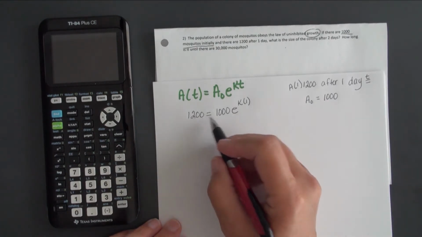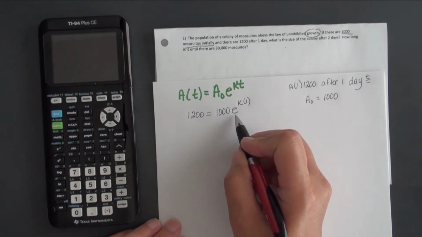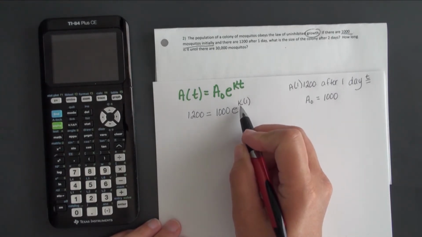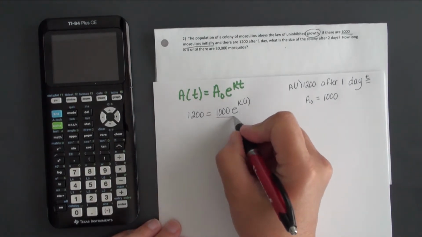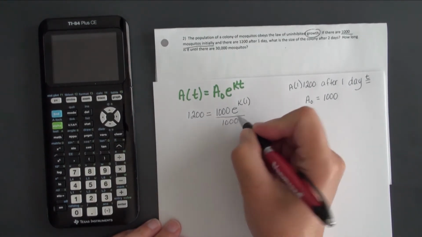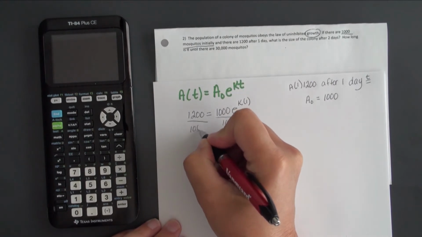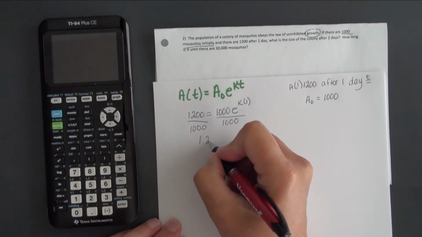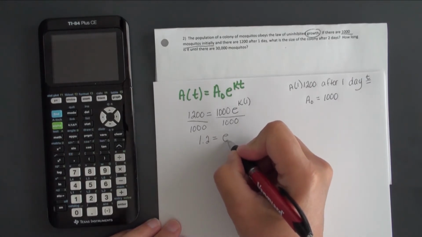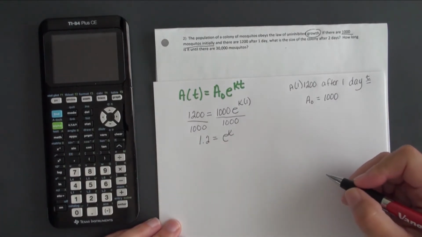So I have 1,200 equals 1,000 e to the actually K power, because K times 1 is K. Now I'll divide both sides by 1,000, and I get 1.2 equals e to the K power.